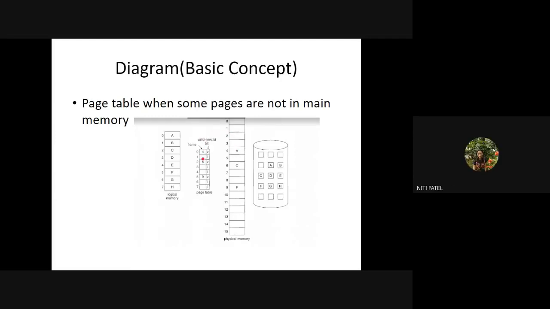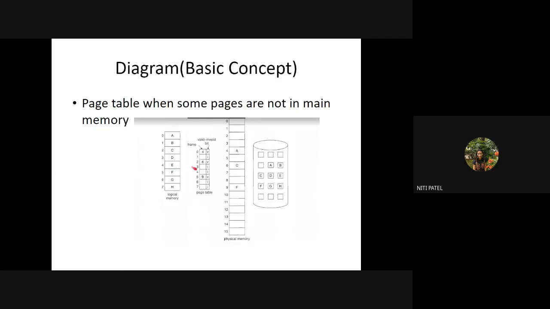Now it is telling me that your first page, that is A, is stored on frame number 4. So when you go to frame number 4, you get A. Then on frame number 9, you have the page which is at location 5. What is at 5?